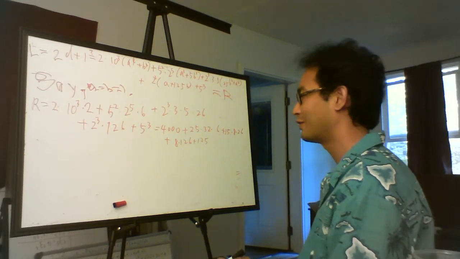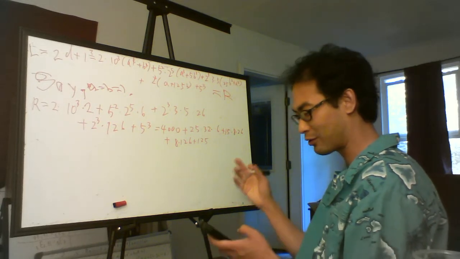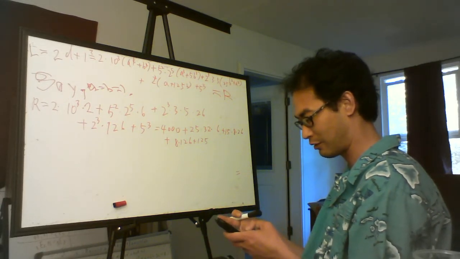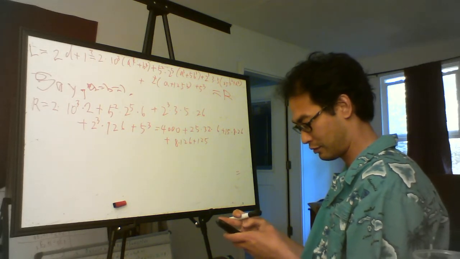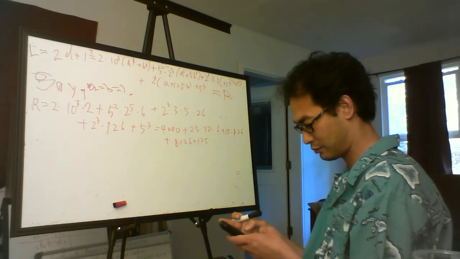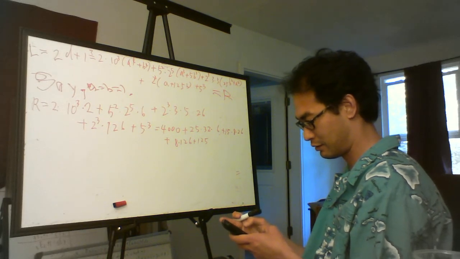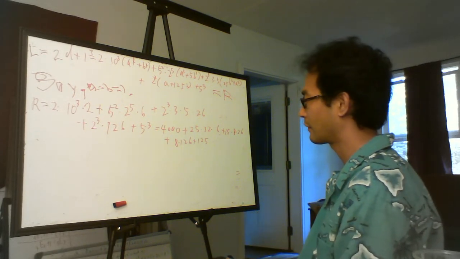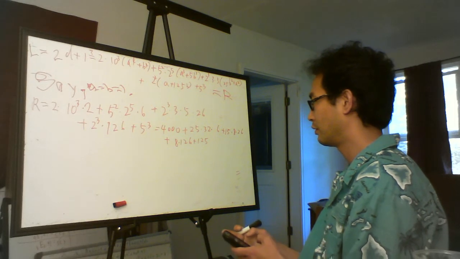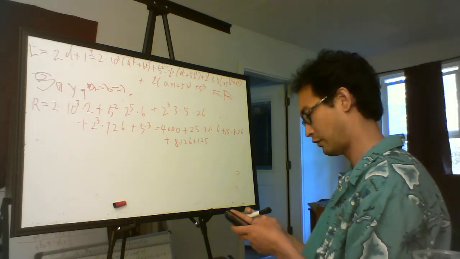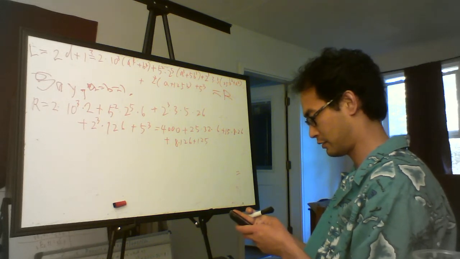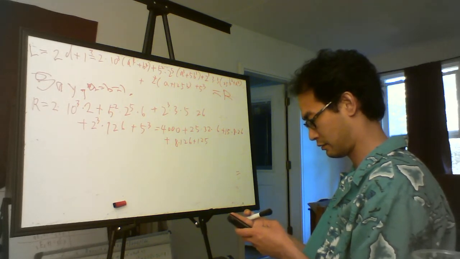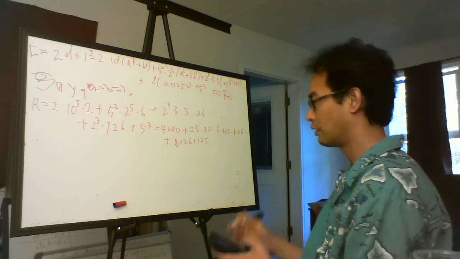I'll use the calculator. 25 times 32 times 6 equals 4,800.